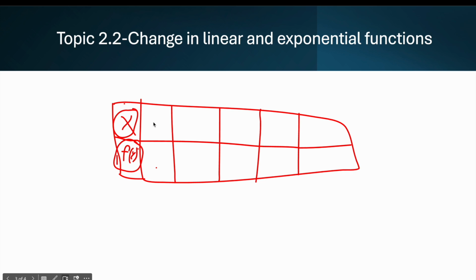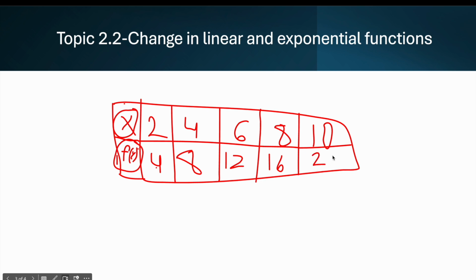Let's say our x is 2, 4, 6, and 8. If this were a linear function, these are equal length input values, correct? Then we would see a constant increase in the output values.